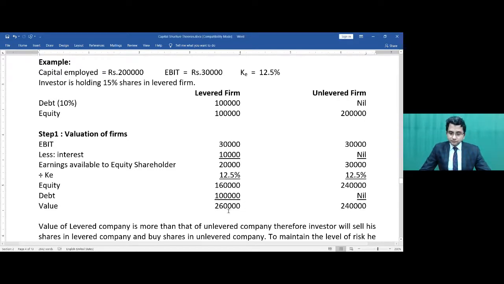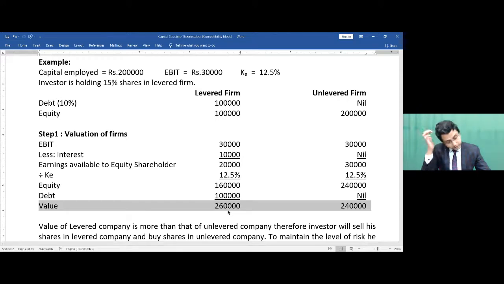So what do you do in arbitrage process? You buy where the price is low and you sell where the price is high. Now these two firms are exactly same except their capital structure. So you should buy shares in the company where the value is low, that is unlevered firm.